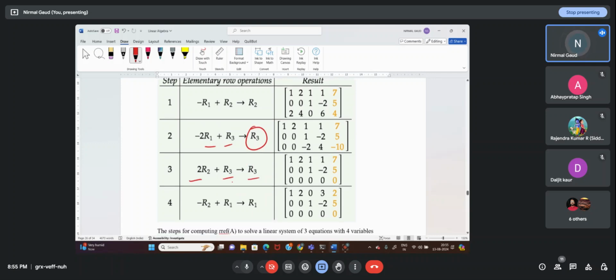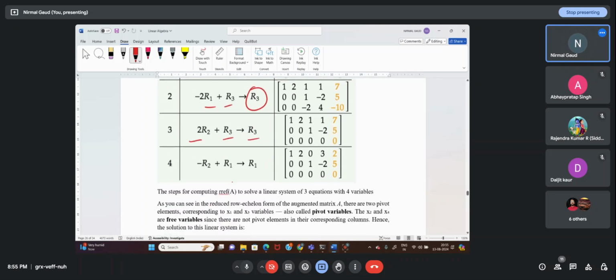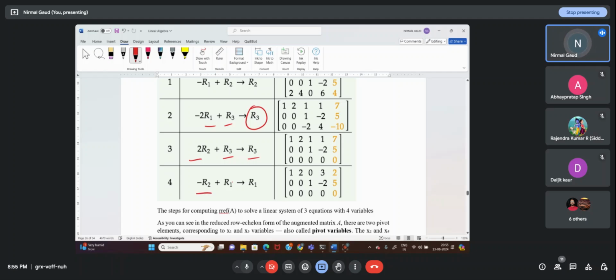Still, we can perform minus row 2 plus row 1 equal to row 1, so this will become 0. Furthermore, I can't do anything. These are as many zeros as I could have made, and it's over now. No further transformations can be applied.